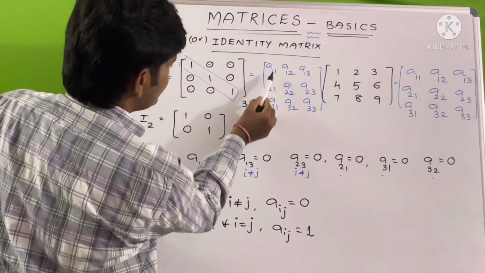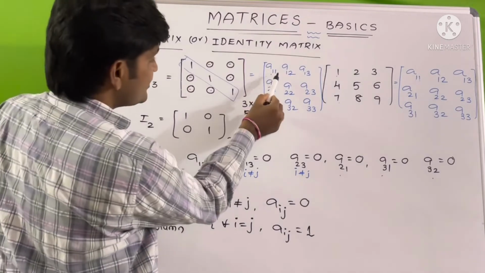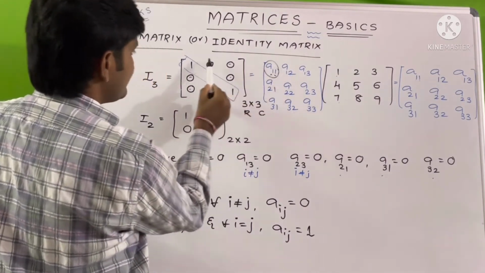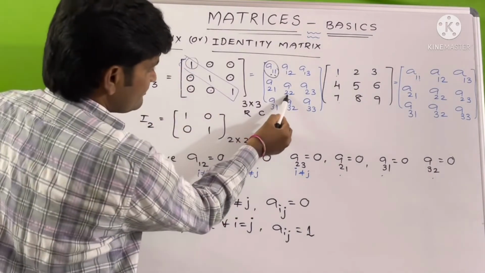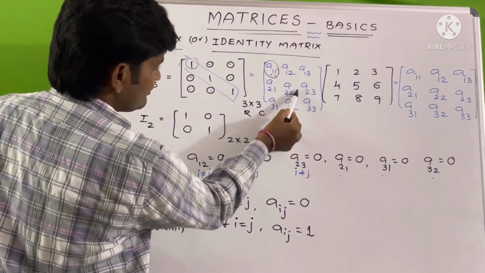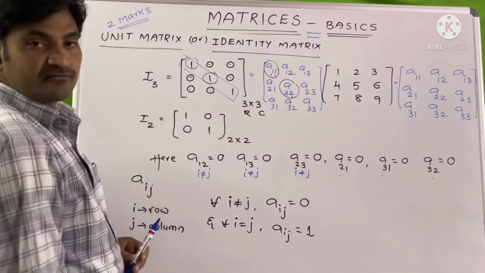So observe here, this is i 1, j 1, both are equal, this value is 1. i value 2, j value 2, both are equal, this value is also 1.